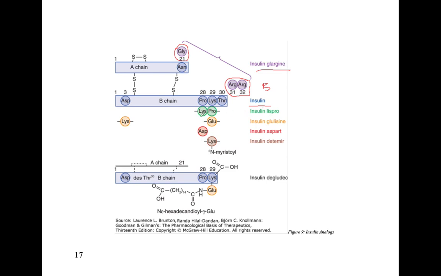Insulin lispro, the main changes are that the proline and the lysine have been shifted. Insulin glulisine, you have a change at the 3 position where you have a lysine, and at the 29 position glutamic acid is included. Insulin aspart has a single change.